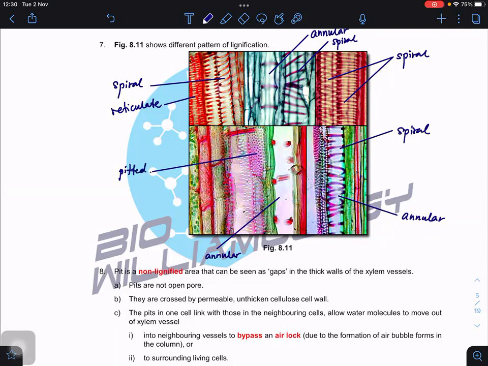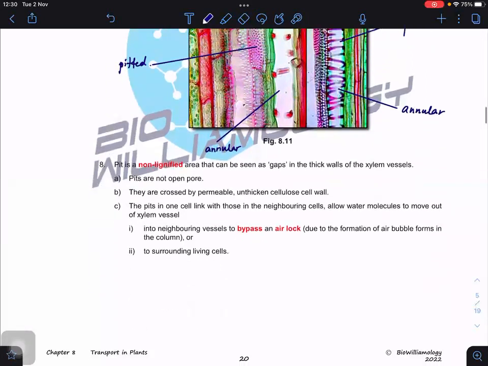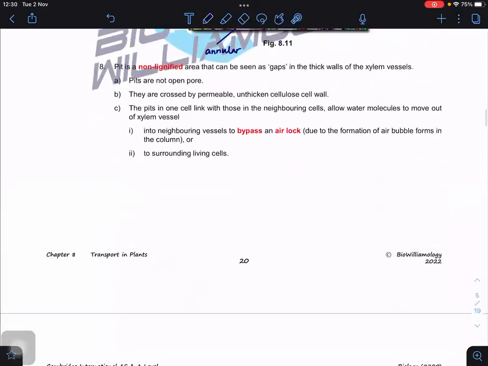So in exam, you need to know how to differentiate them. Okay. So next, we do have this structure called pits. A pit is non-lignified. Okay, pits, they are non-lignified. You can see it as a gap but it's not an open pore.